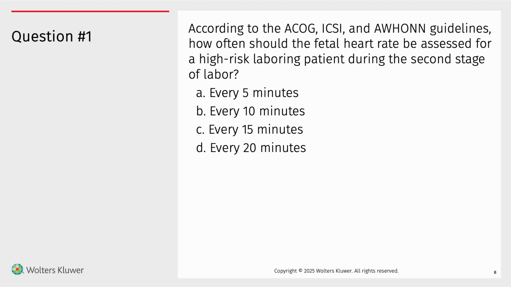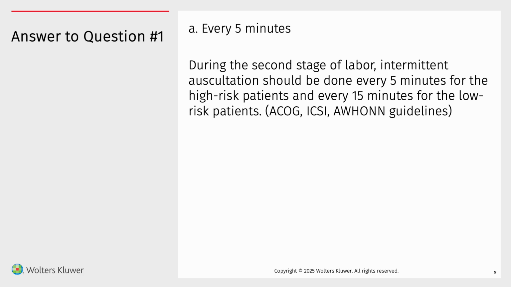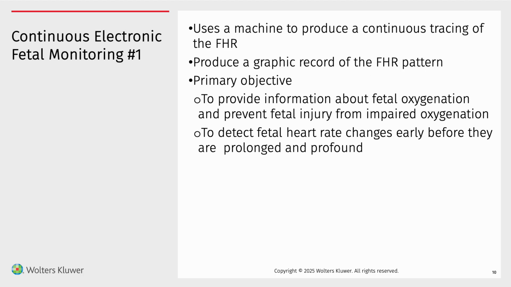Every 5 minutes, every 10 minutes, every 15 minutes, every 20 minutes. If you answered every 5 minutes, you are correct, because during the second stage, intermittent auscultation should be done every 5 minutes for a high risk patient and every 15 minutes for a low risk patient.